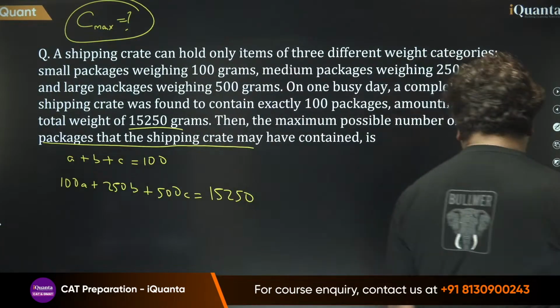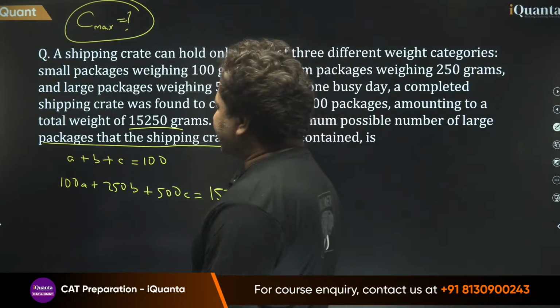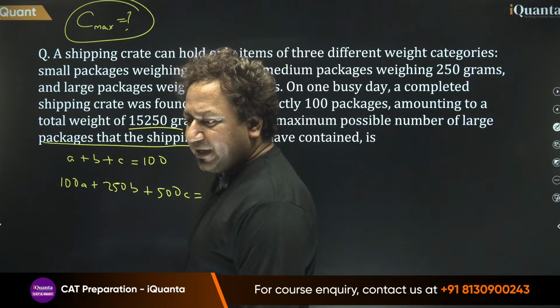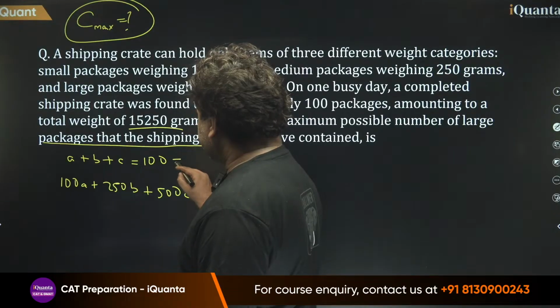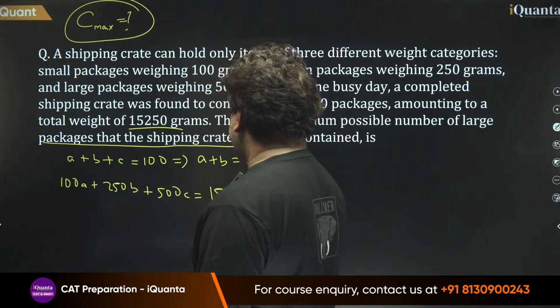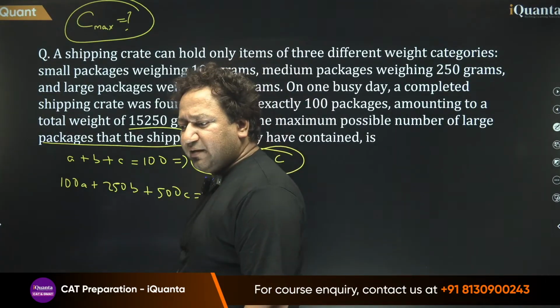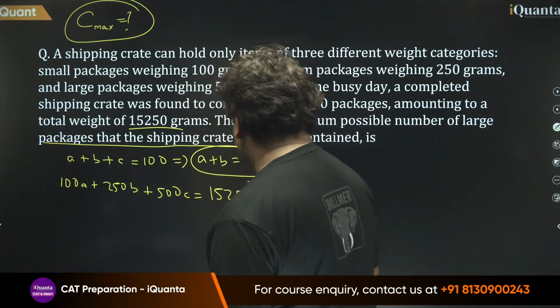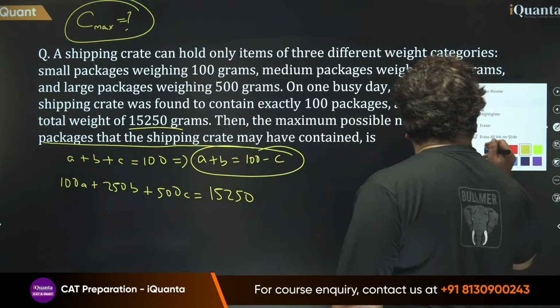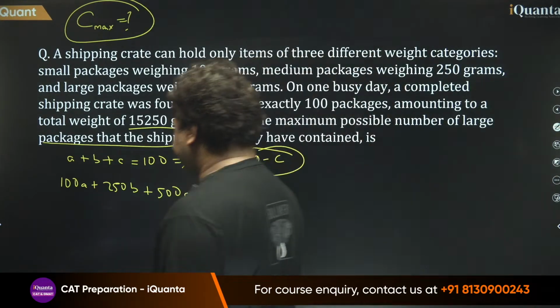Clear? Now C max can be found out if I am able to minimize A plus B. So what can I do from here? Everybody pay attention. I can write A plus B is equal to 100 minus C. I want to minimize A plus B. That is the only way I can maximize C. Do you understand that? Hopefully you do. And now I have the value of A plus B and one more equation.